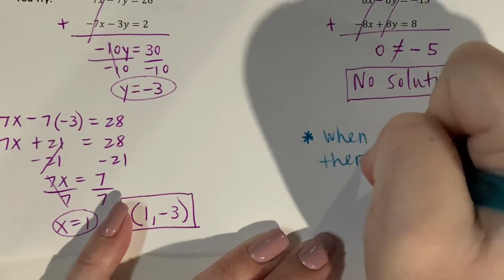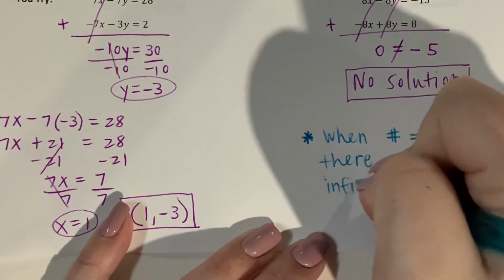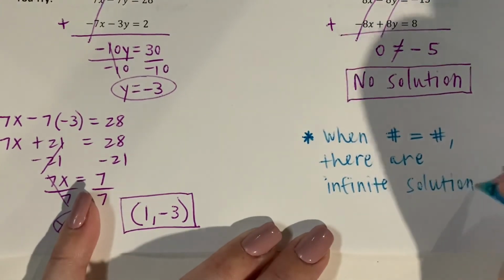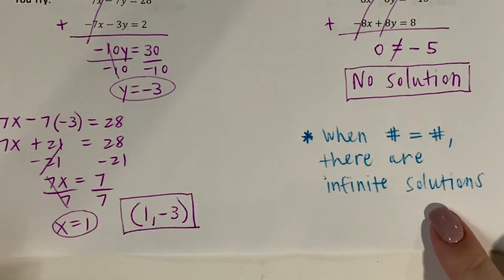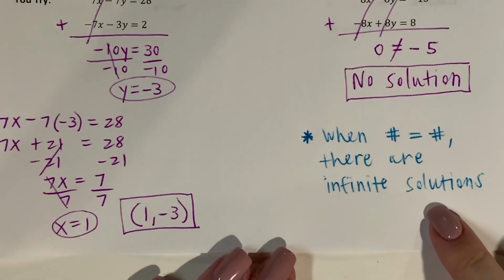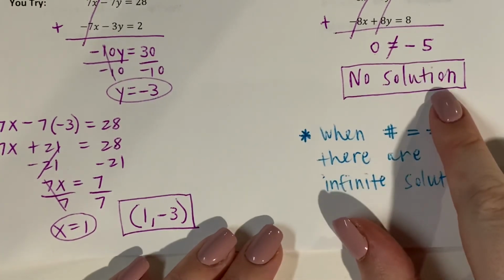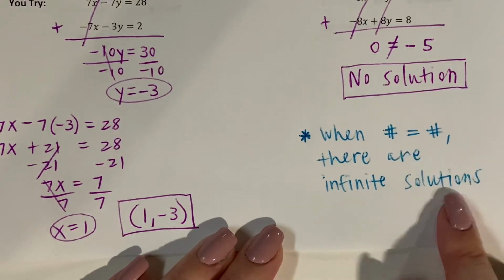So we'll say there are infinite solutions. So again, those are our two special cases that you have to remember. We saw these when we were graphing, and we also saw these with substitution. But if you get a number not equal to a number, there are no solutions. And if you get a number that is equal to a number, there are infinite solutions.